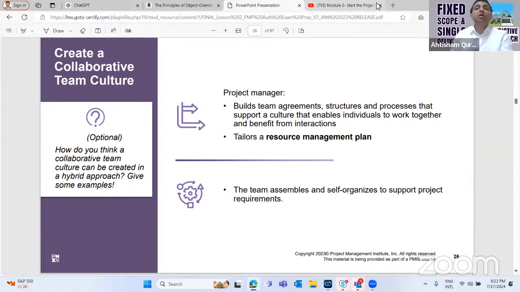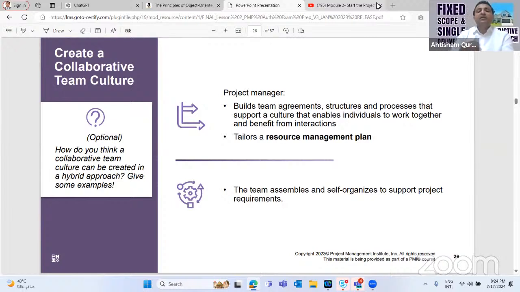So we have to always promote the culture of collaboration. It does not mean that individually we will not be responsible for our work. Yes, we will be accountable and responsible for our work, but the full work is the responsibility of everyone. That's the shared ownership that we want to inculcate in our team members.